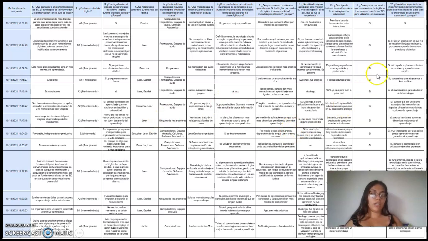And all of them think that it's important to implement these tools. They answer that through different applications they have learned the language, and it was significant and meaningful for their process.